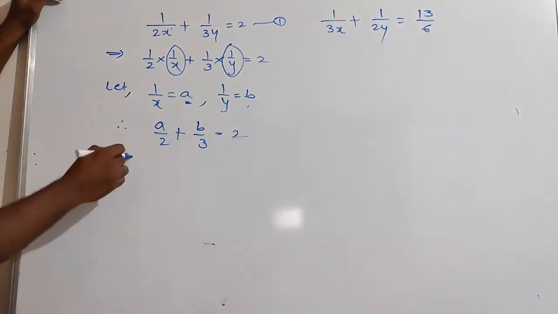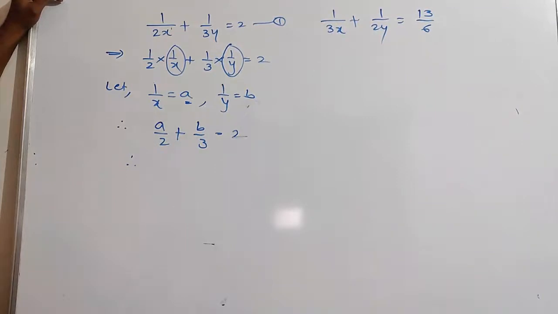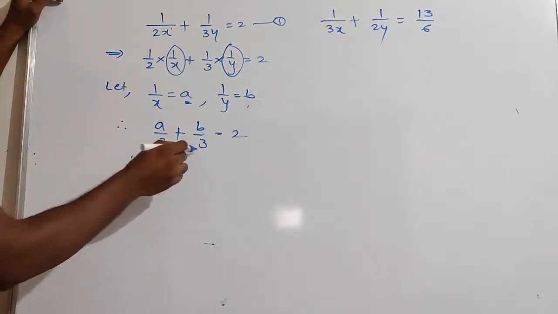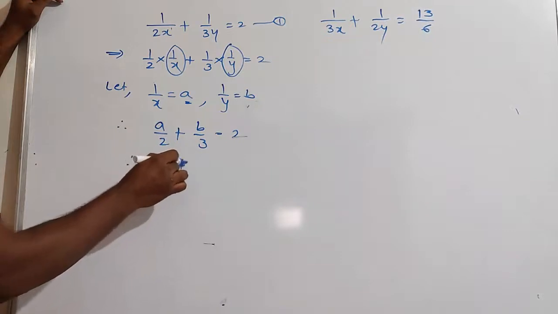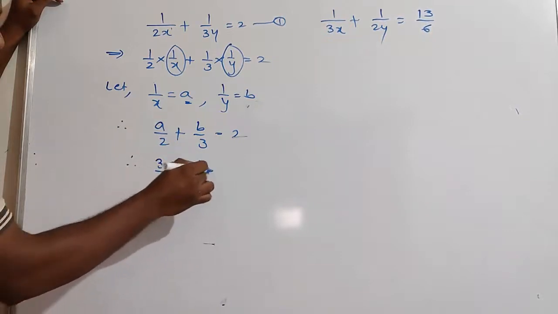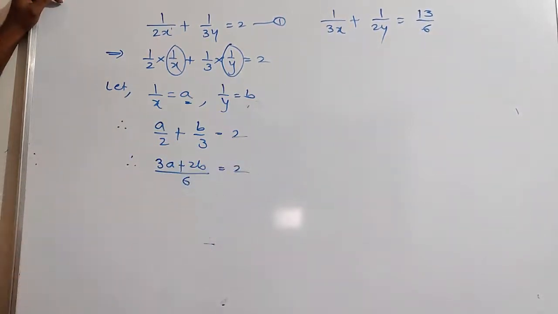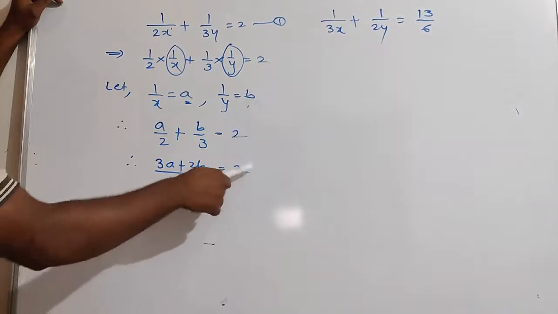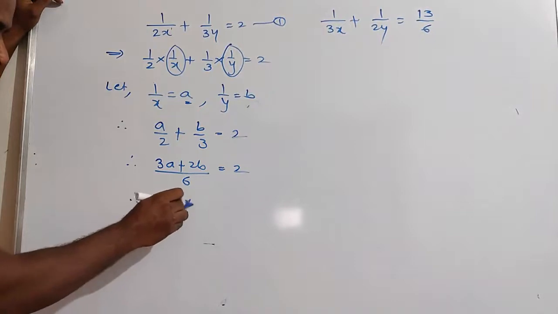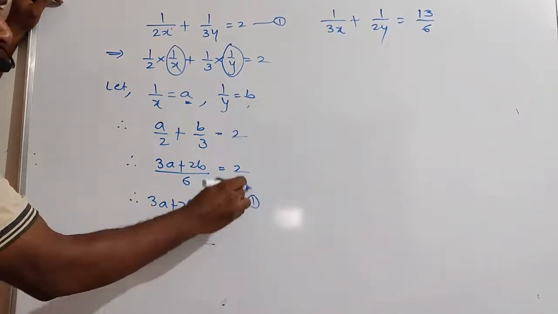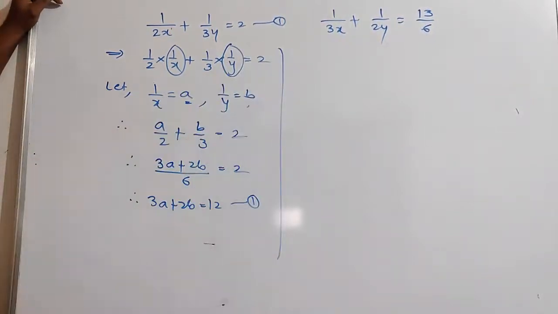Therefore, if I cross multiply and simplify, 3a plus 2b upon 6 is equal to 2. This 6 denominator will multiply this side. So this is 3a plus 2b is equal to 12. This is the first equation.